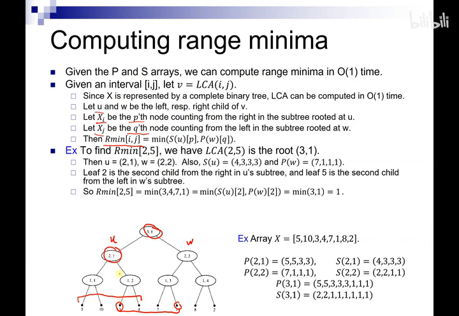In that case, we need to count 2 values. So therefore this p here is going to be 2, p equals 2, because you start counting at 4 until you get to the 3. So that's 2 values.